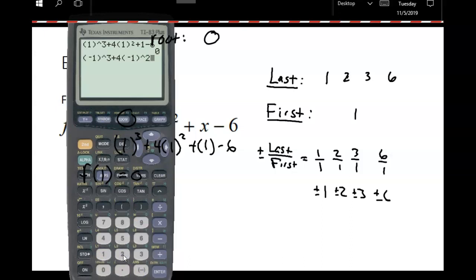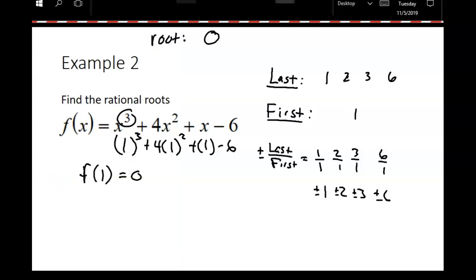Plus negative 1 minus 6. Now, did that make 0? Nope. So we didn't. There's only 2 left. So that is not a root. Okay?